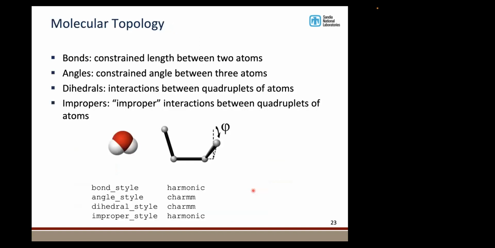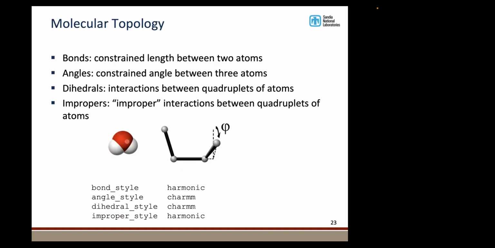Okay, so molecules have bonds, angles, and so the way that we represent this in LAMMPS is with different bond, angle, dihedral, and improper styles. So bonds are basically a constrained length between two atoms.